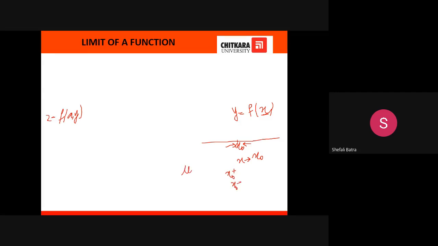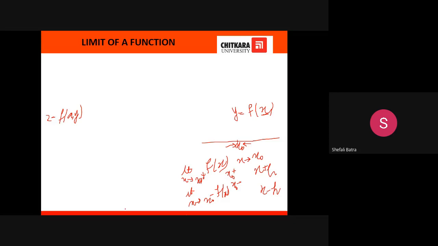We write limit x approaches x naught plus f of x and limit x approaches x naught minus f of x. Or you can write x plus h or x minus h. Because we have the domain on the x-axis, we can move either left or right. So you find the left hand limit and right hand limit. If both are equal, then you say that limit exists, otherwise limit does not exist.